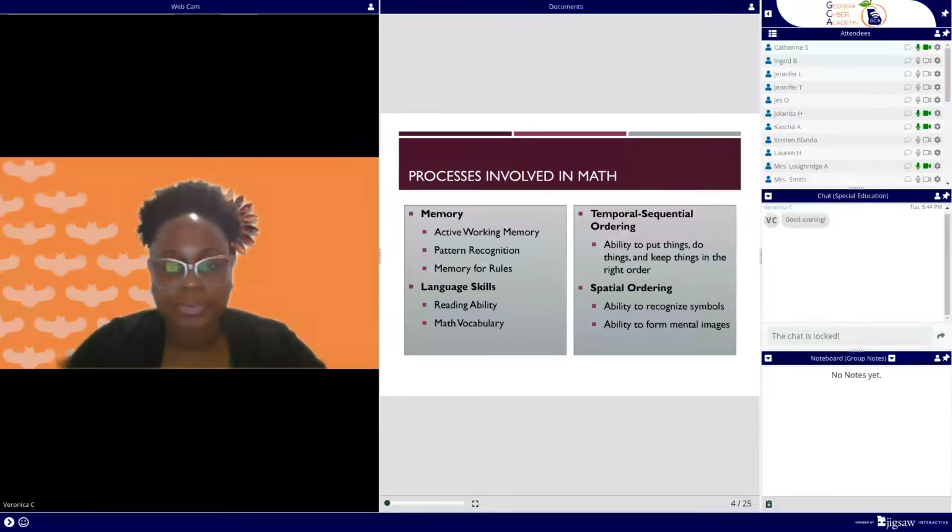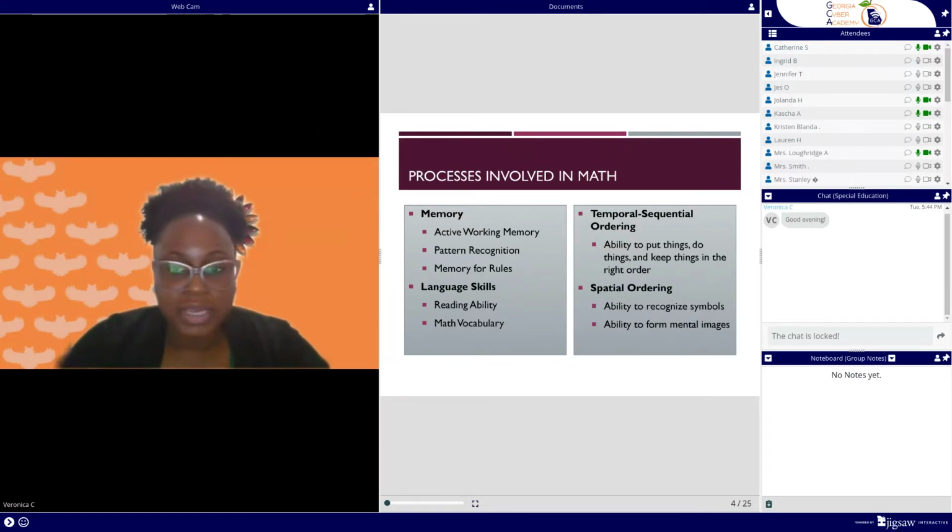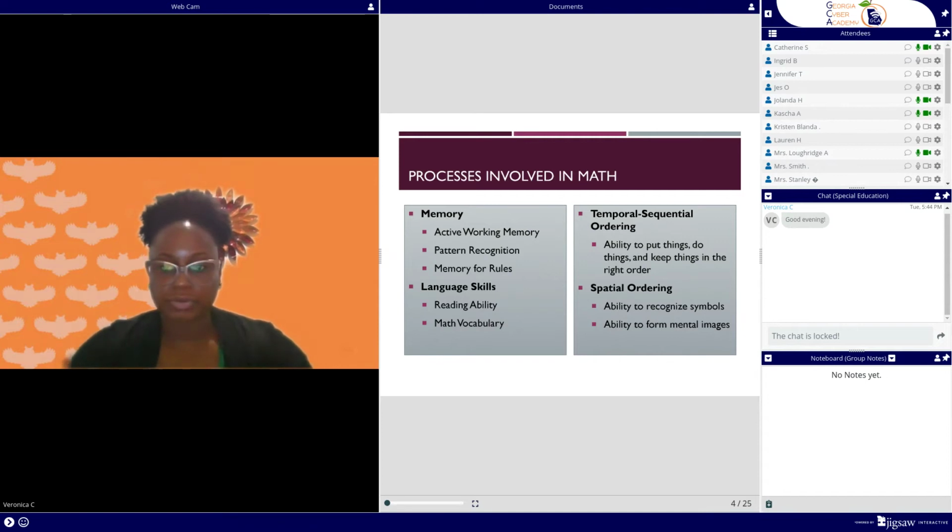The temporal sequential ordering is the ability to put things or do things or keep them in the right order. So that is looking at how a math problem flows, for example, how numbers relate to one another. And then spatial ordering is going to be the ability to recognize symbols and form mental images. So that's actually recognizing a number from what you see and then knowing that it is a number 5. I see a number 5 and I know it's a number 5.